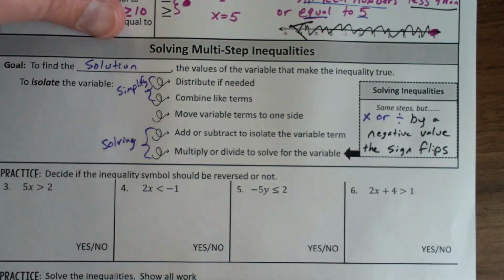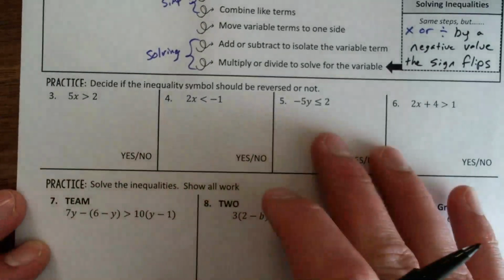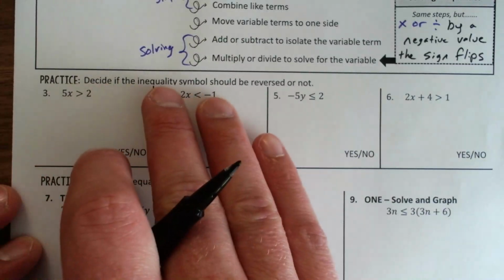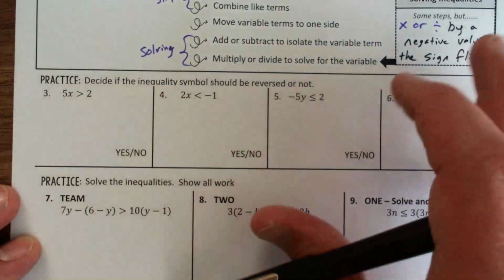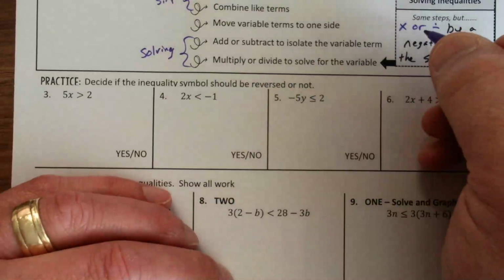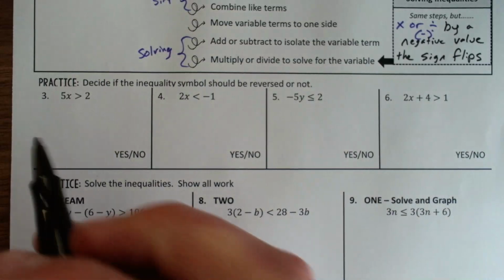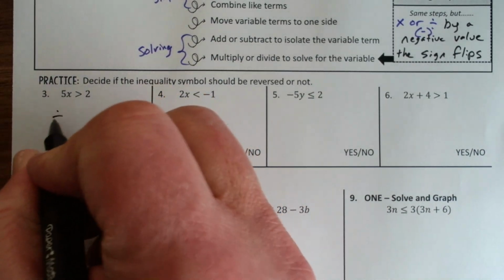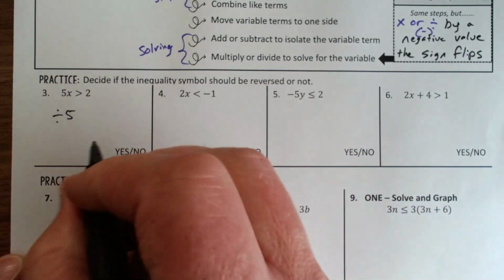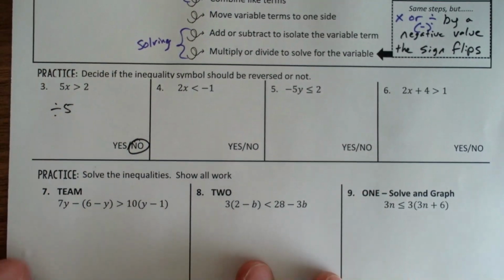Here's what I mean. In problems number 3 through 6, all we're going to decide is whether or not this inequality symbol should be reversed or not. This is the only reason why: if we multiply or divide by a negative value. So here, I would divide by 5. Because 5 is positive, no, the sign doesn't flip.